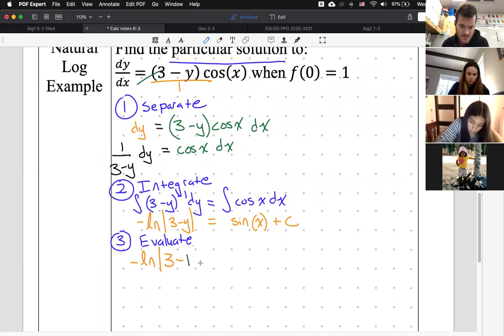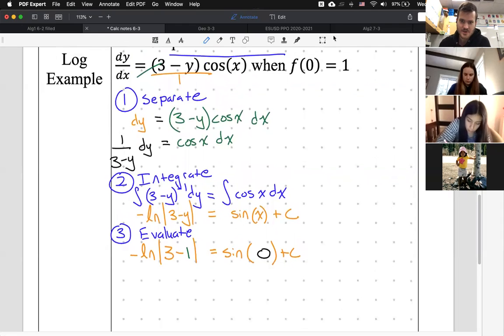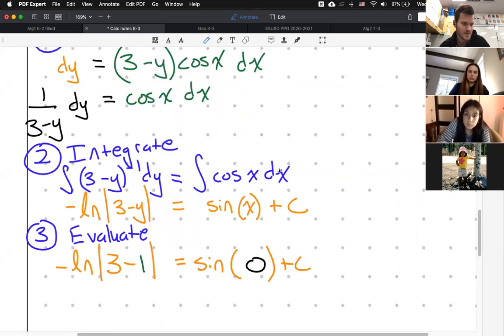There it is. Yep, and that's just using our initial conditions up here. X was 0, Y was 1. All right. Keep going, Andrea.